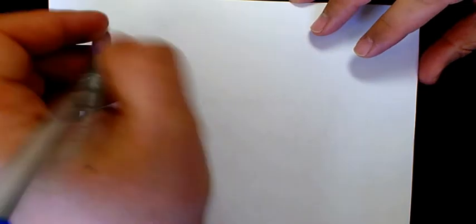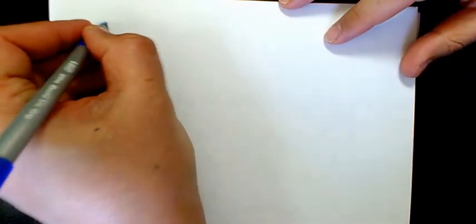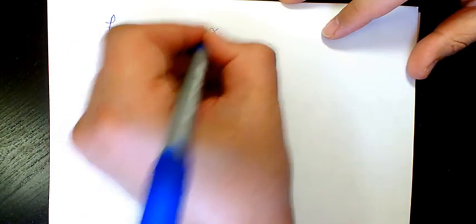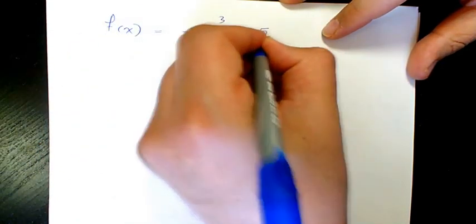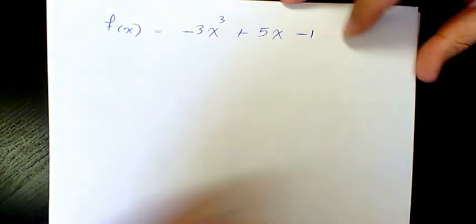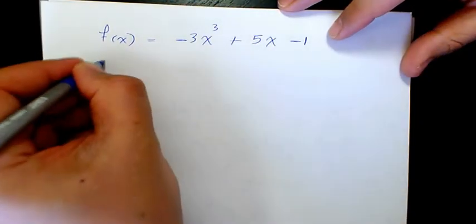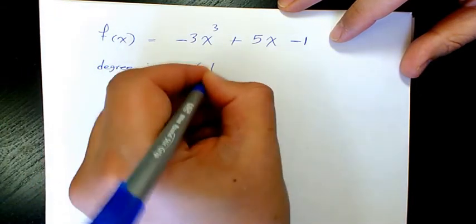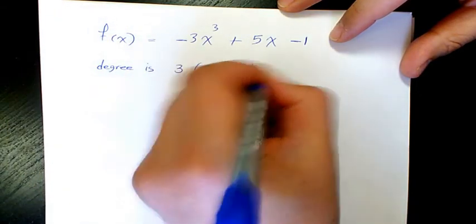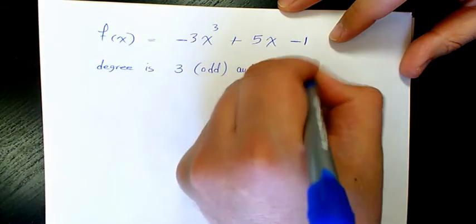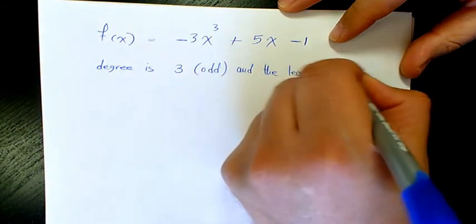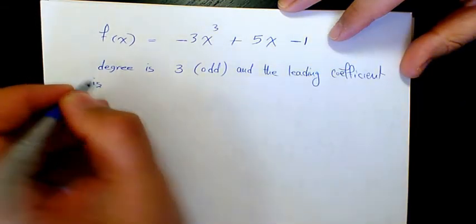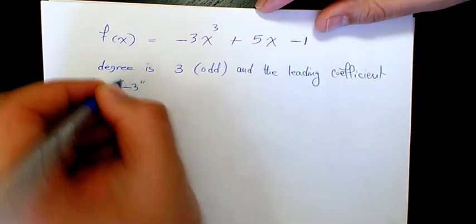Next one is f of x equals negative 3x to the power of 3 plus 5x minus 1. In this example, the degree is 3, odd, and the leading coefficient is negative 3.